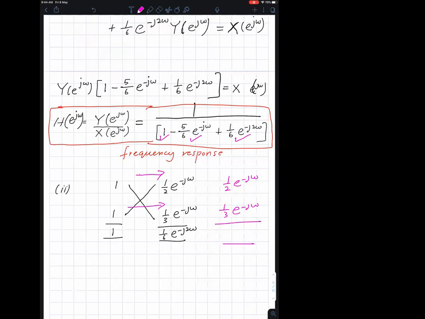If you add them up, you'll get 5 over 6 e to the j omega, right? But this is minus. If you look, this is minus here. So I have to put a minus here. If you put a minus sign here, then you will end up getting minus here, and minus there. Also, when you multiply these two together, it's still plus 1 over 6.